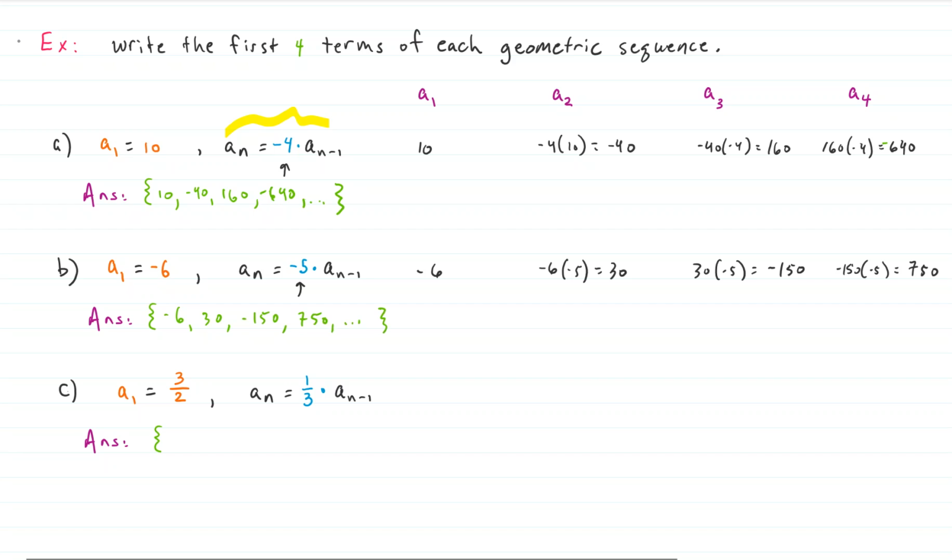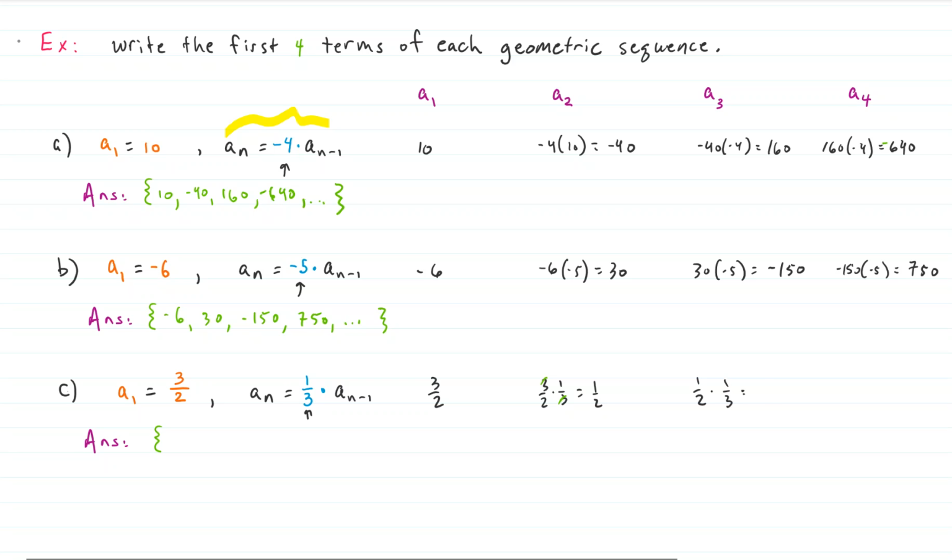The last one, our first term is 3/2. And our common ratio is 1/3. So 3/2 times 1/3. This is kind of nice because 3's cancel. And we're left with 1/2. And so we take 1/2 to find the next term and multiply by 1/3.